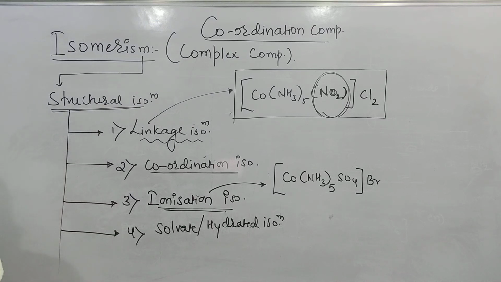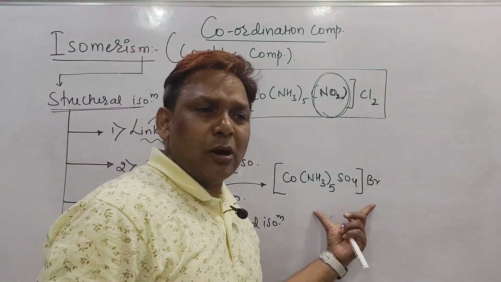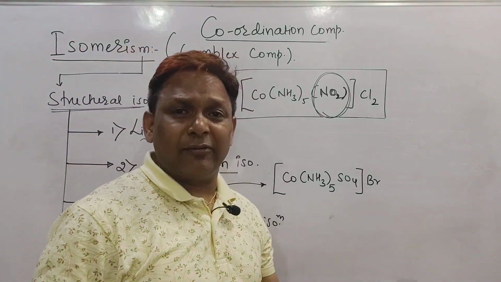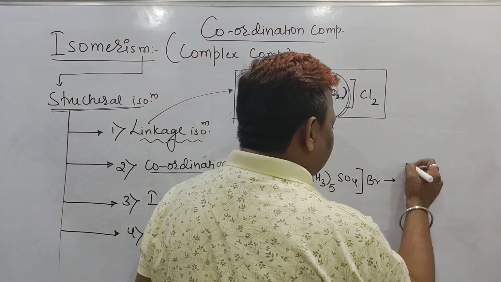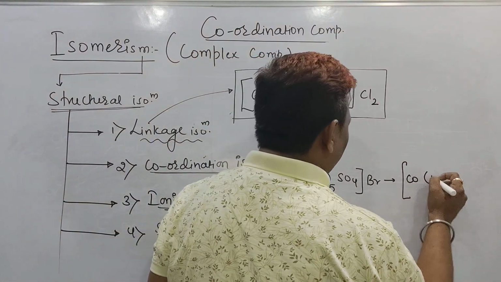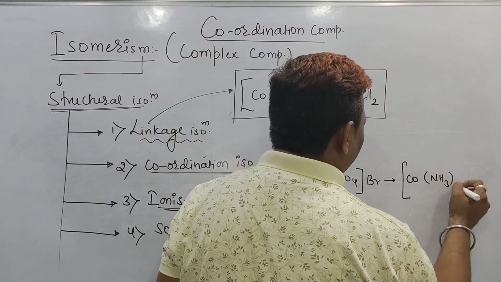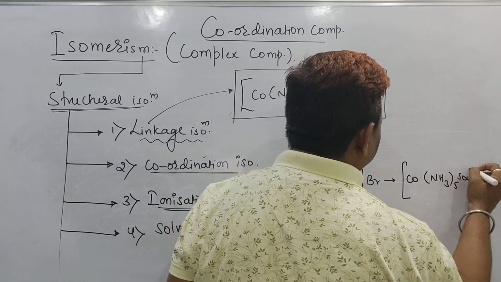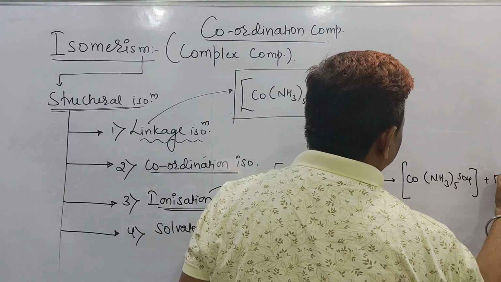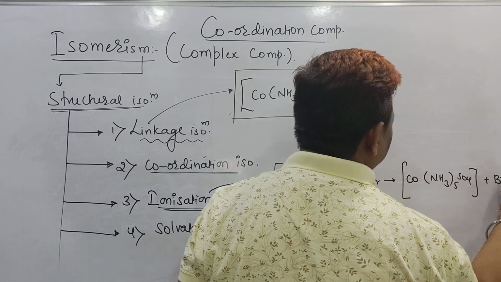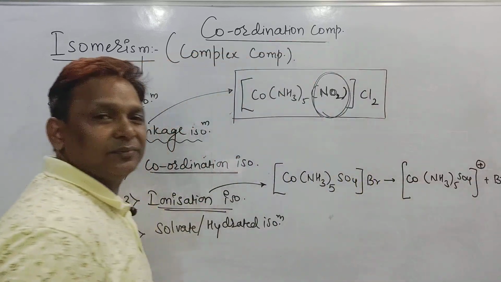I repeat: cobalt, ammonia 5 times, sulfate, and the bromide ion. When you dissolve this complex compound in aqueous medium, it ionizes in this way: cobalt, ammonia 5 times, sulfate, plus bromide ion. 1 minus means 1 positive.